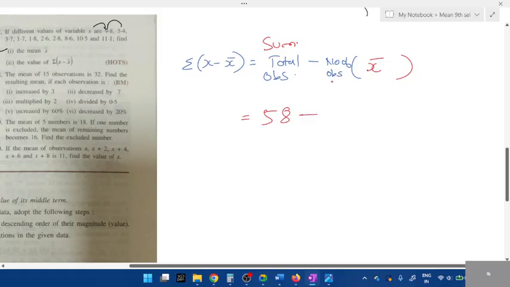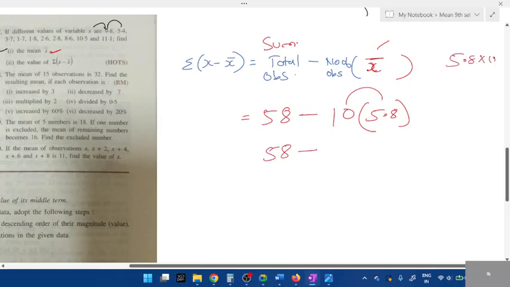Minus number of observation. Total how many observations are there? 10. Multiplied by what does x dash stand for? X dash is the first one. What is the x dash value? What's the mean we got? 5.8.